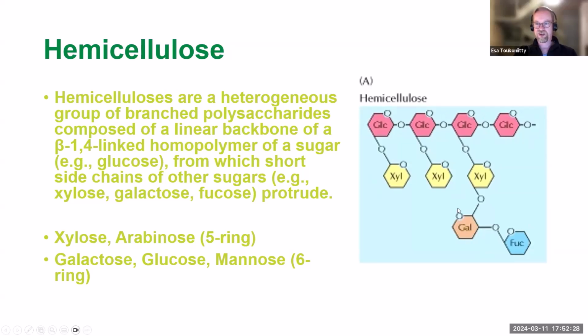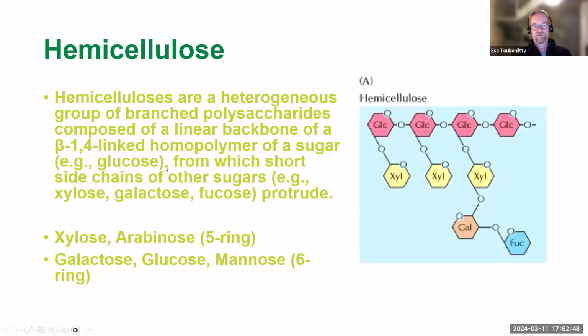These different colored 6-ring structures refer to different sugars. Also, it's not linear, but there are branches of these. So the structure is more complicated.